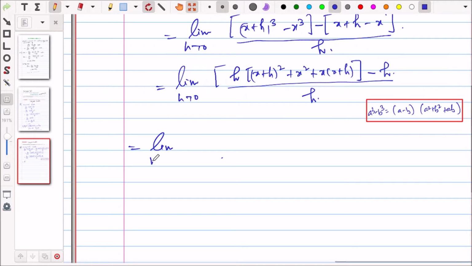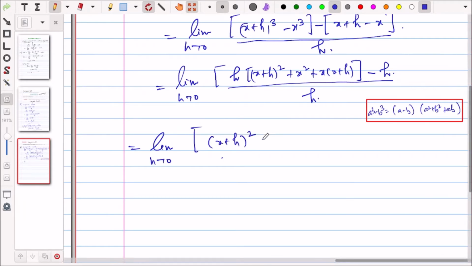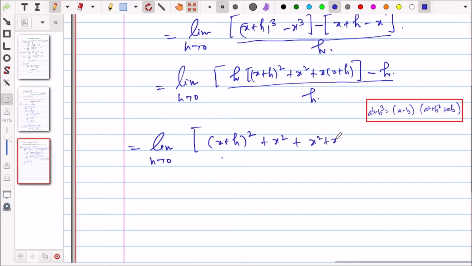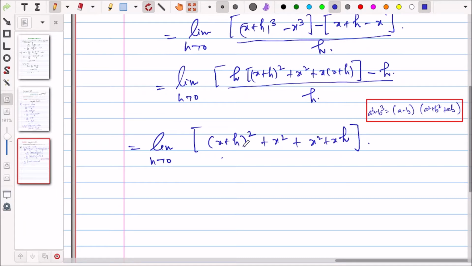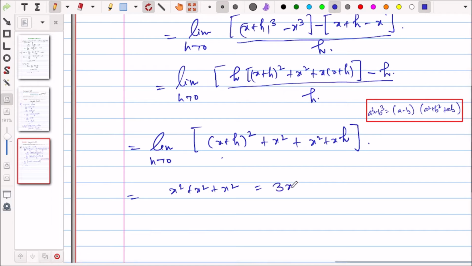So if you simplify it further, you will be left with (x plus h) whole square plus x square plus x square plus xh, right? Now take the limit. You can take the limit inside because it is a polynomial. So this will become 0, this will become 0. So you will be left with x square plus x square plus x square, which is equal to 3x square, right?